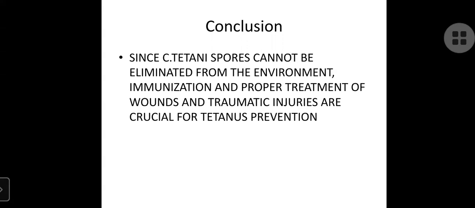Since Clostridium tetani spores cannot be eliminated from the environment, immunization and proper treatment of wounds and traumatic injuries are crucial for tetanus prevention. We know that tetanus vaccines are safe, effective, and important for all people of all ages.